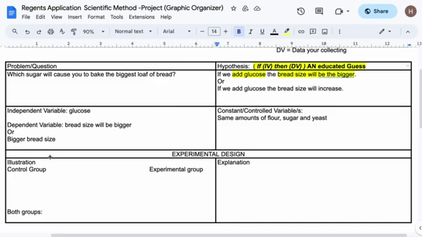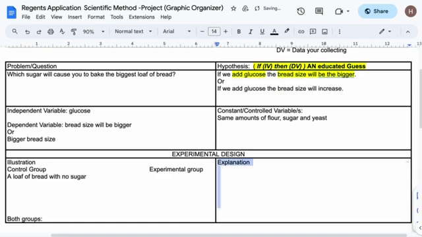So we need a control group. We need something that we compare this glucose bread to. What kind of a control group? Well, the only control group we could possibly have to compare this bread with glucose in it is a loaf of bread with no sugar at all. So let's make our control group a loaf of bread with no sugar.